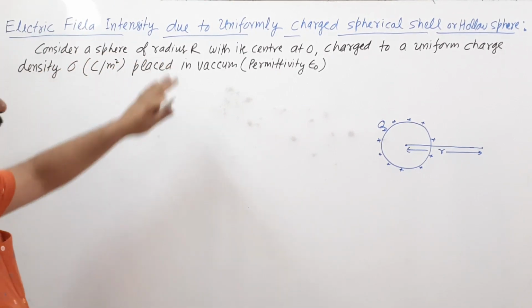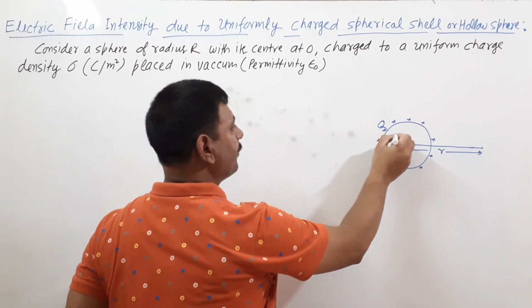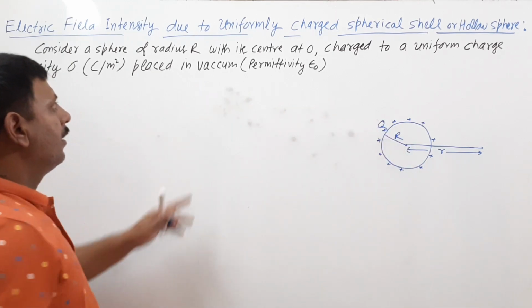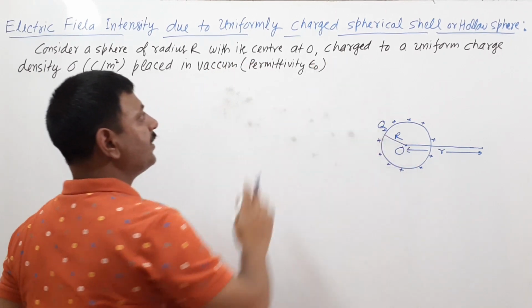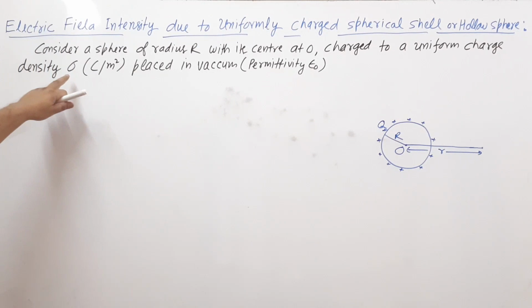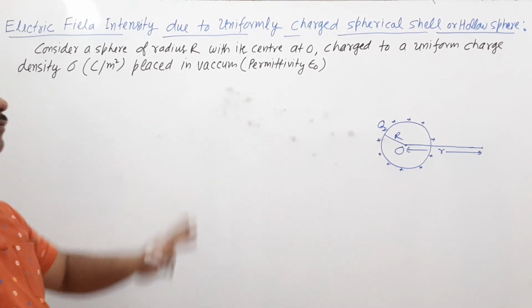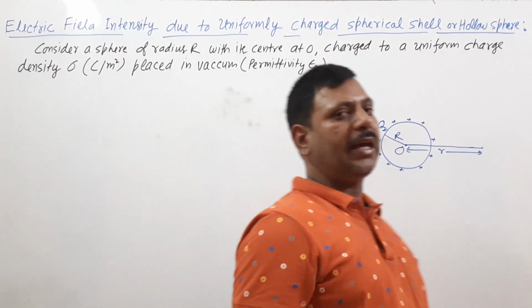Consider a sphere of radius r with its center at O, charged to a uniform surface charge density sigma coulomb per meter square, placed in vacuum whose permittivity is epsilon naught.